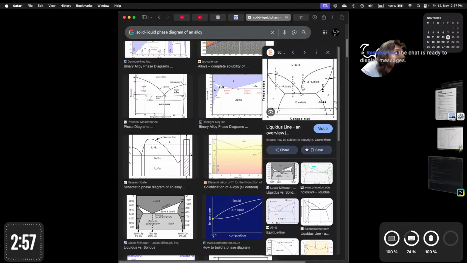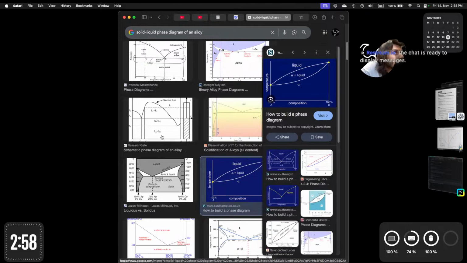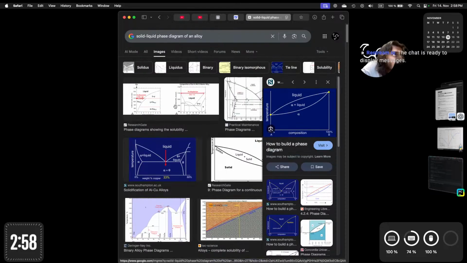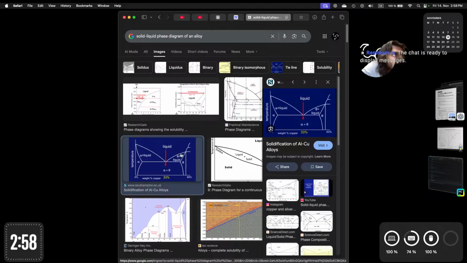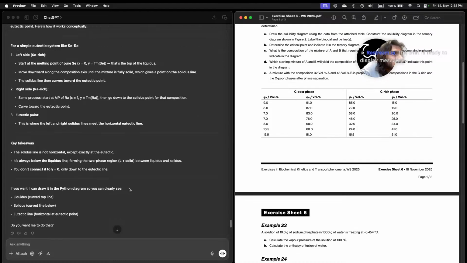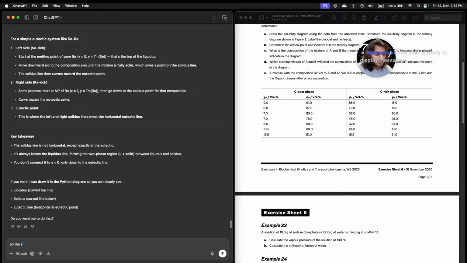So should the solidus points be below or above the eutectic line, intersecting the T-axis?